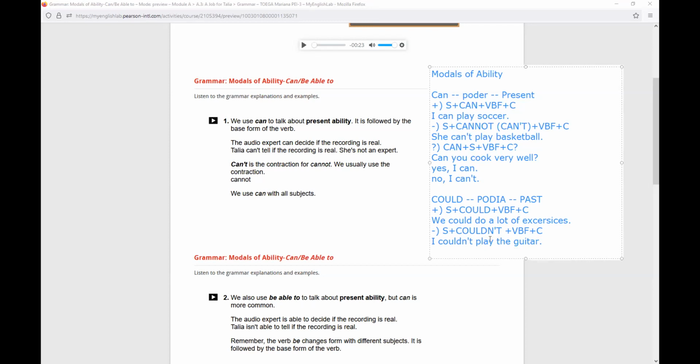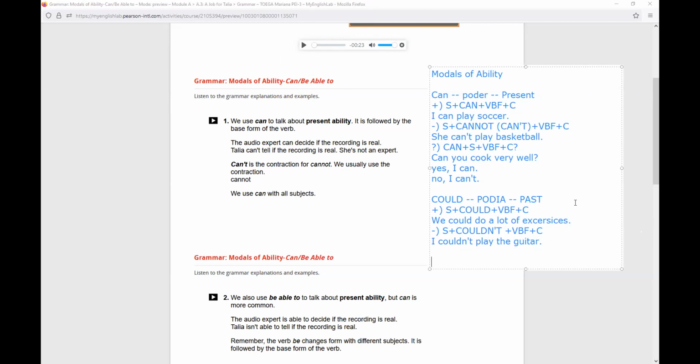Okay, I couldn't play the guitar. Yes, excellent. And that's it for past. We could use with affirmatives or negatives, okay? What happened in future when we want to talk about future?